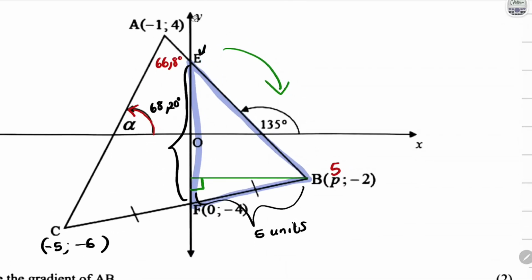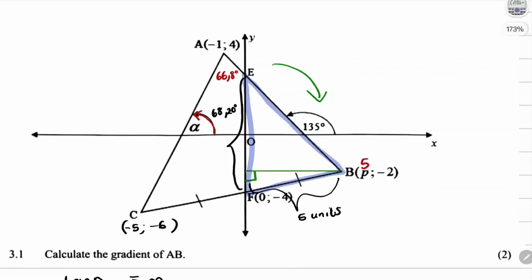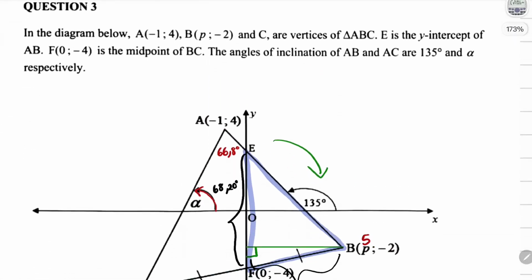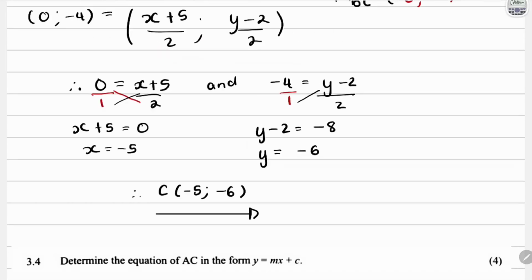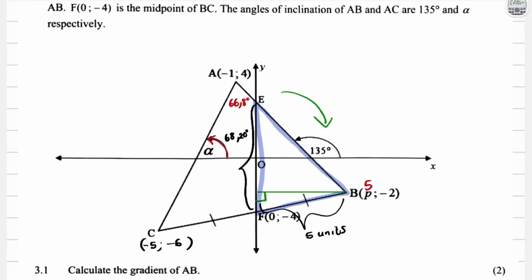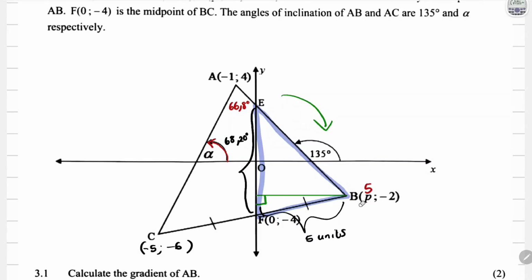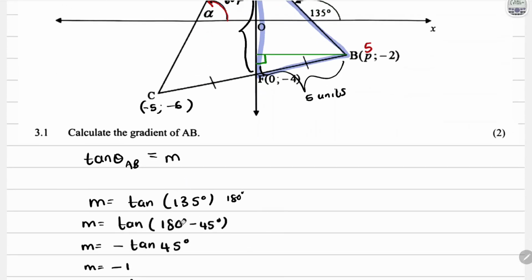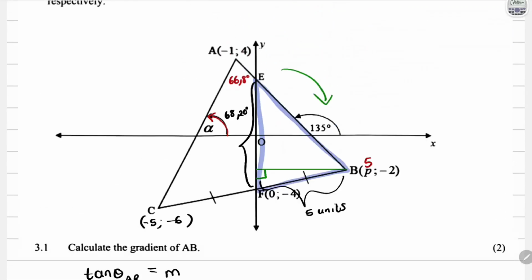E is on your y-axis, so it's the y-intercept of the line AB. What do we know about that line AB? Do we have the equation of it? We don't have the equation of AB. However, we can find it easily. Because we already have the gradient of AB, which was the first question they asked, the gradient of AB is -1.